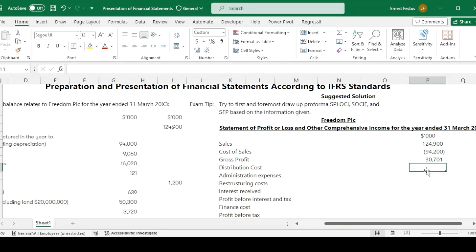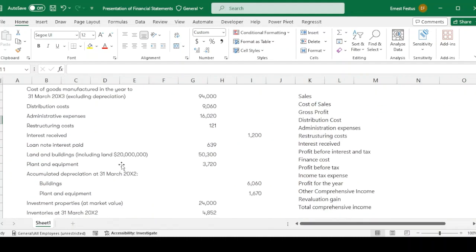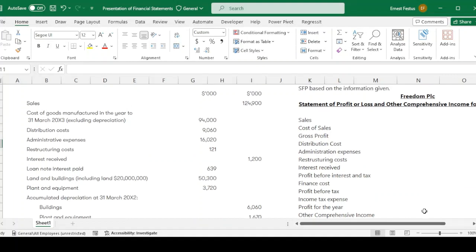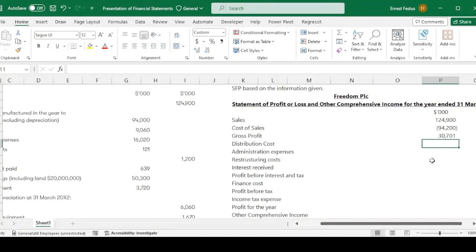All right, then we have our distribution cost, that is direct from our question. So let's go to distribution costs, and that is 9060 given in our question. So I'm going to insert the other figures, 90, 60, and all of these are supposed to be negative numbers.